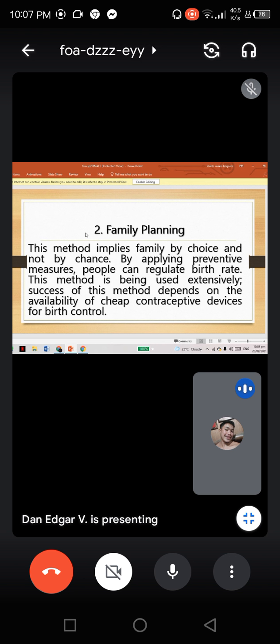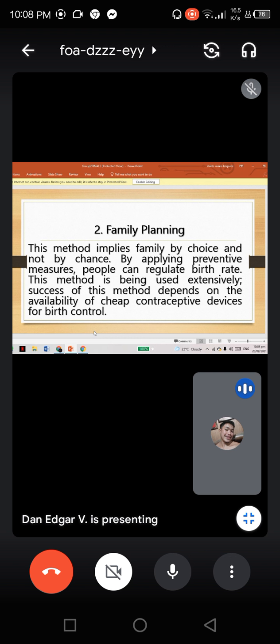and family planning. This method implies family by choice and not by chance. By applying preventive measures, people can regulate the birth rate. This method is being used extensively. Success of this method depends on the ability to supply contraceptive devices for birth control.